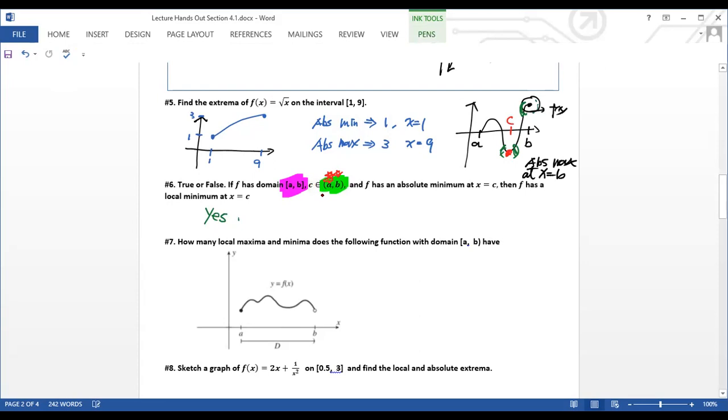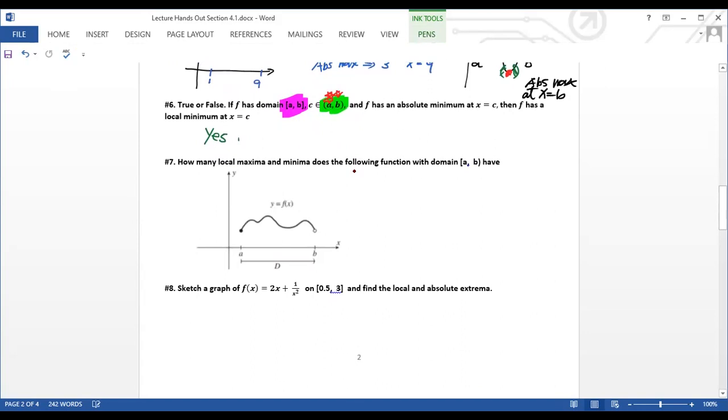You get that? Okay, so now let's take a look at number 7 here. They said let's try to find the local minima and the local maxima in this interval, from A to B, where B is an open interval. So the local ones are this one, this one, this one.